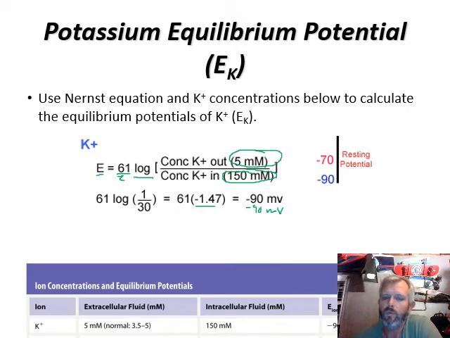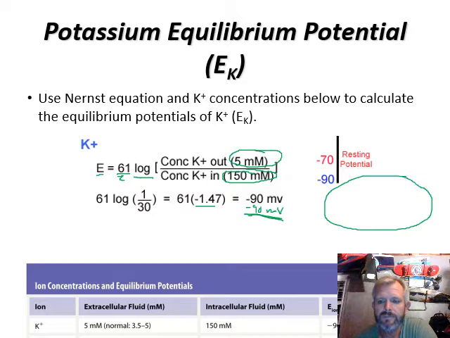What this is telling you is that when the membrane potential reaches negative 90 millivolts, more negative inside than outside, the potassium will stop moving. The concentration gradient is saying go out, potassium, but at a certain point the electrical force is trying to pull potassium back in. When those forces equal, potassium will stop diffusing.